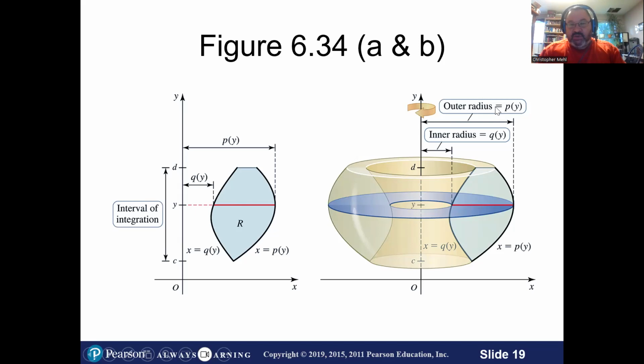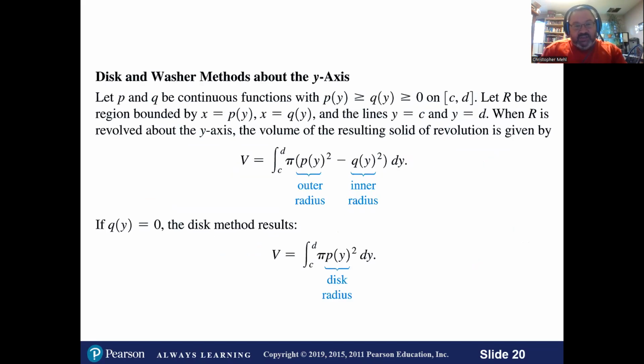The outer radius, we said, is P of y, and the inner radius is Q of y. And so our washers, our slices, would be pi P of y squared for the outer disk minus pi Q of y squared for the inner disk.